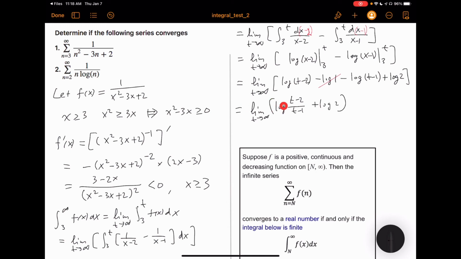Now t minus 2 divided by t minus 1 tends to 1 when t tends to infinity. So the first item tends to log 1, which is 0. So the whole thing is equal to log 2, which means the series converges because the integral is equal to log 2, which is finite.